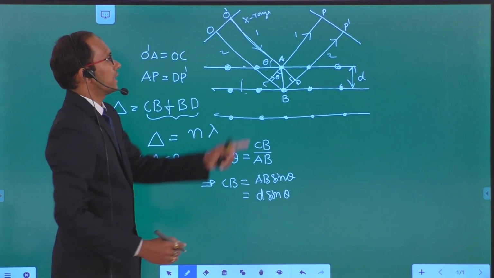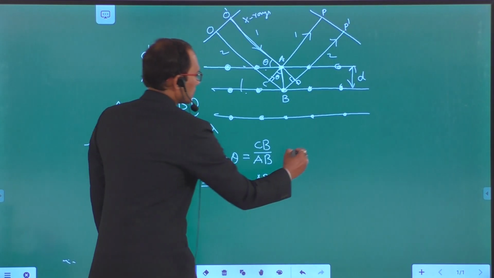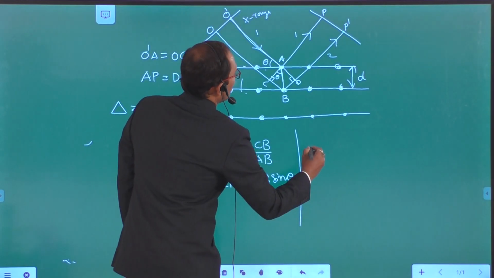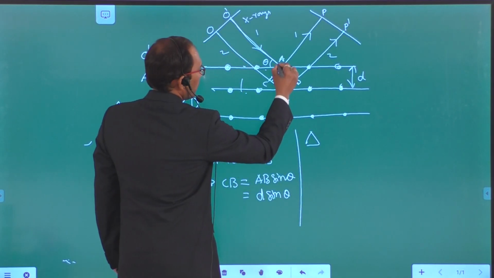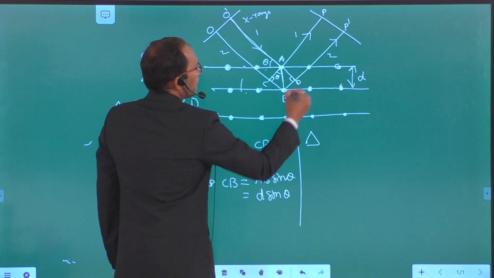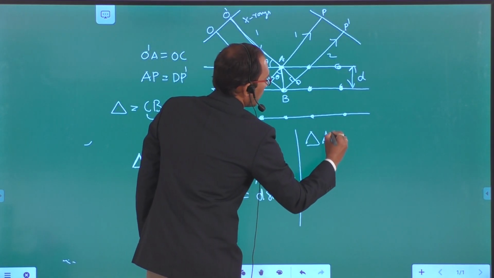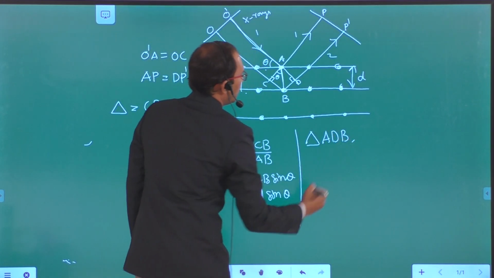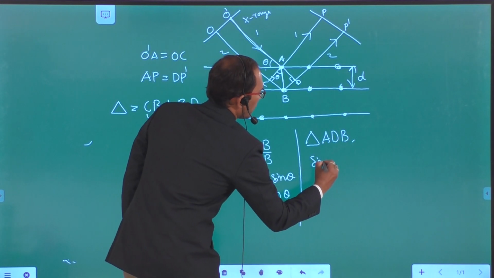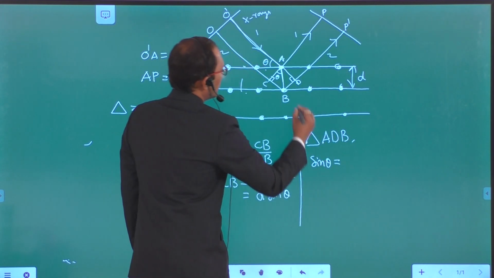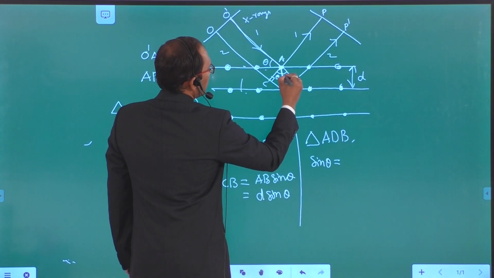Similarly, take another triangle, ADB. In this triangle, this angle is also theta.